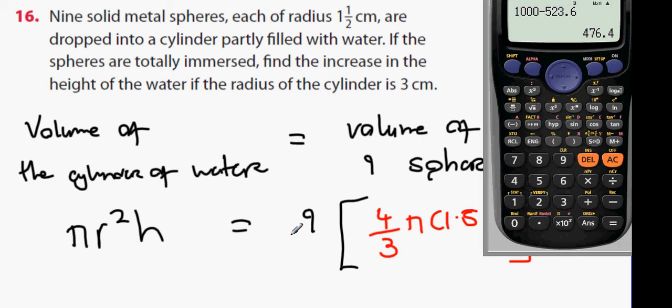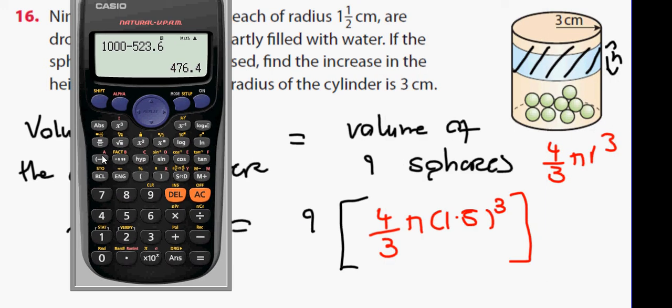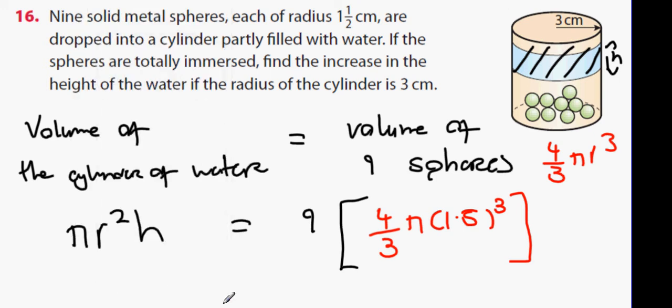Let's figure out what the size of one sphere is. The size of one sphere is 4 over 3 pi multiplied by 1.5 cubed. And what this equals is 9 over 2 pi. Multiply my answer by 9, because I have 9 of them, and what I'm going to get is 81 over 2 pi.